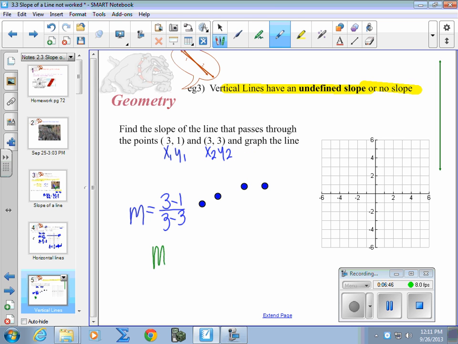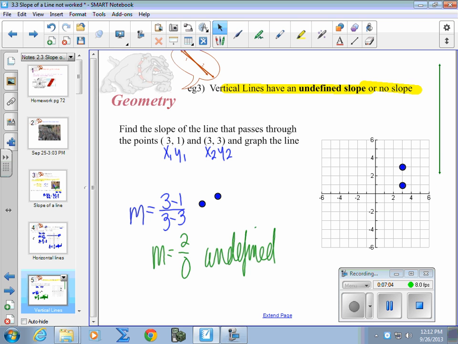So we get m is equal to 2 divided by 0. This is undefined. Once again, if you were asked to graph this, you would plot (3, 1), and you would plot (3, 3). You get a vertical line that looks like that. Everybody okay with that?